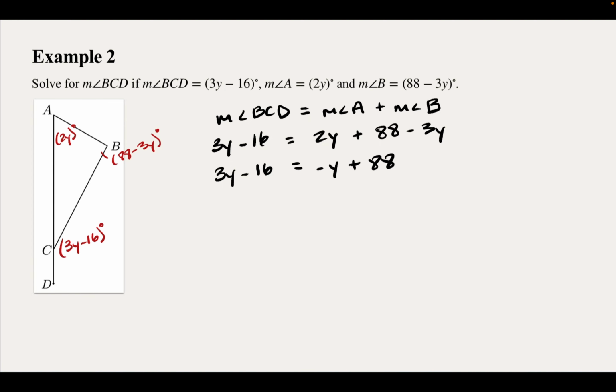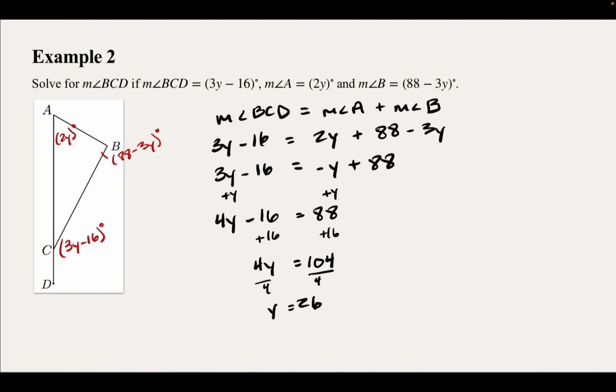I will add y to both sides. 4y minus 16 equals 88. Add 16 to both sides. 4y equals 104. And divide by 4. y equals 26.